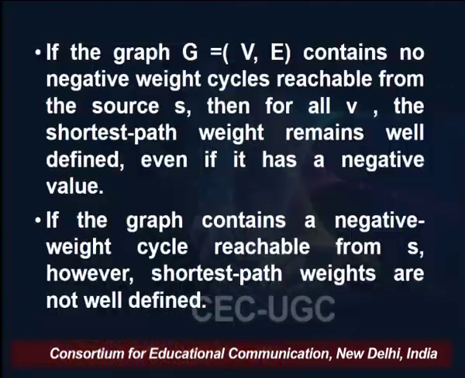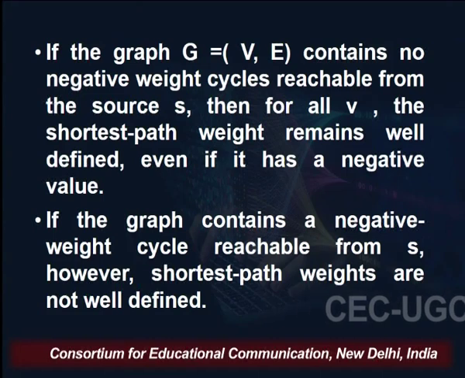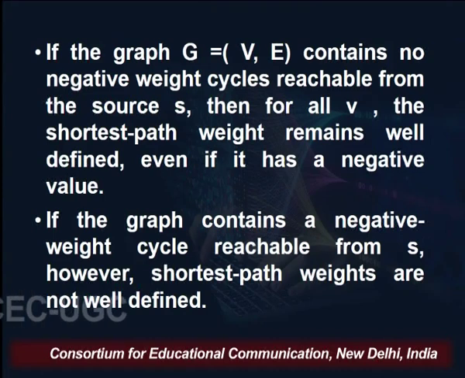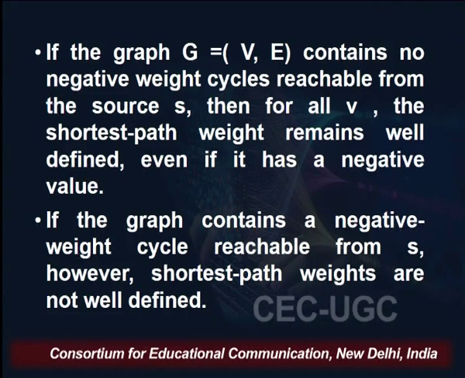So, if the graph contains a negative weight cycle even reachable from S, then the shortest path weights are not well defined. What is the example of this negative weight cycle, I will be telling you in a minute.